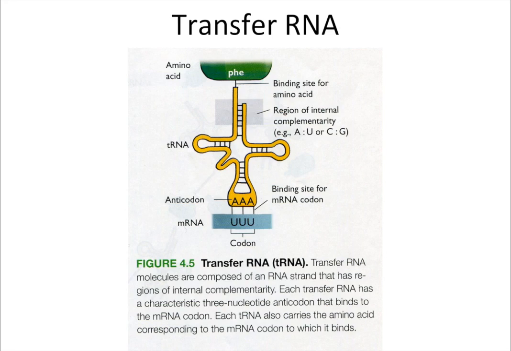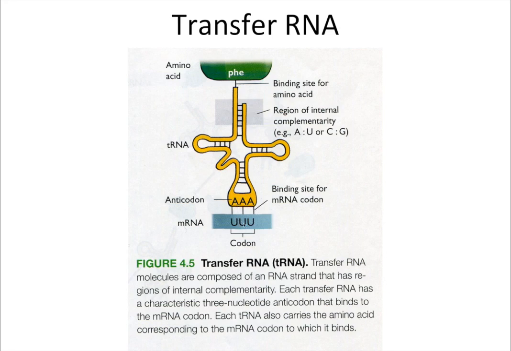A tRNA molecule, as you can see here, consists of what is known as a hairpin type structure, and you have an amino acid attached to it, and then you have your mRNA molecule. The mRNA molecule has the sequence of 3 nucleotide bases, and that again is called your codon. And the transfer RNA has what's known as an anticodon in part of its structure. The anticodon is going to be complementary to the codon.